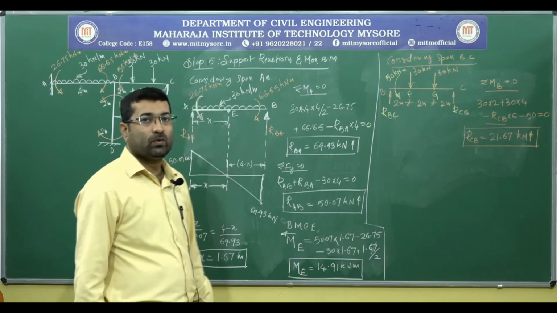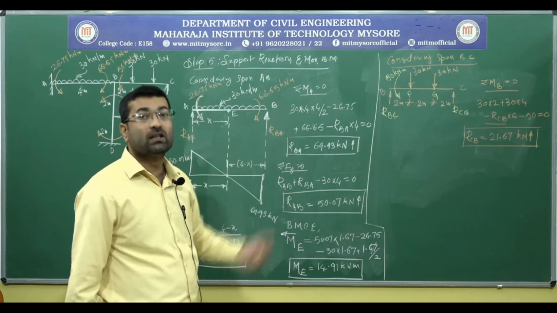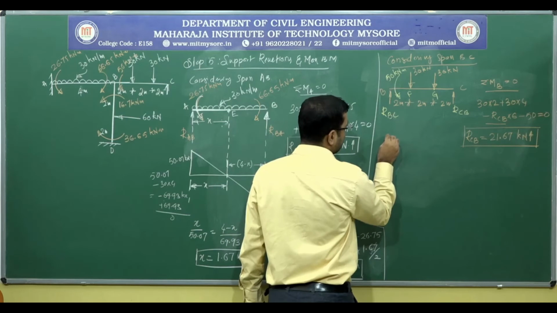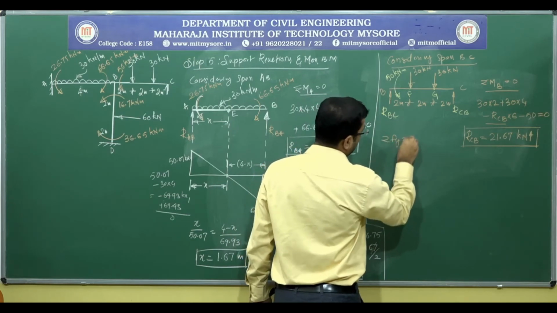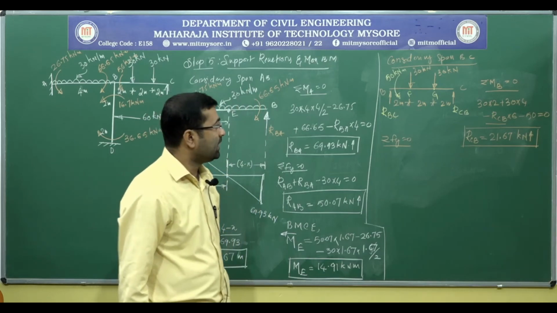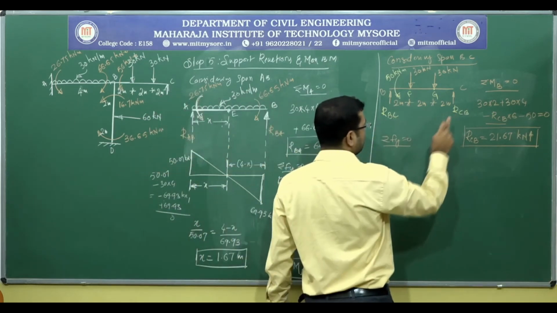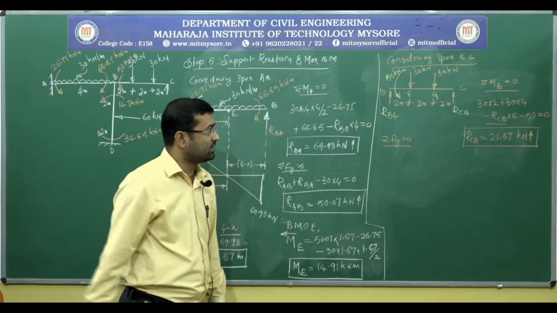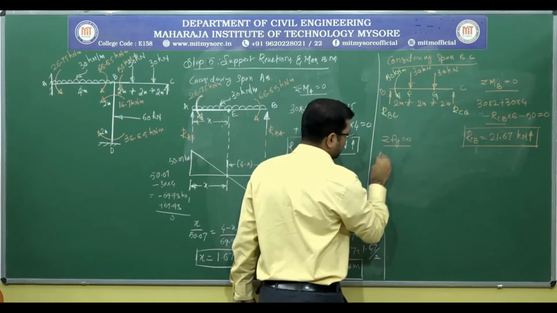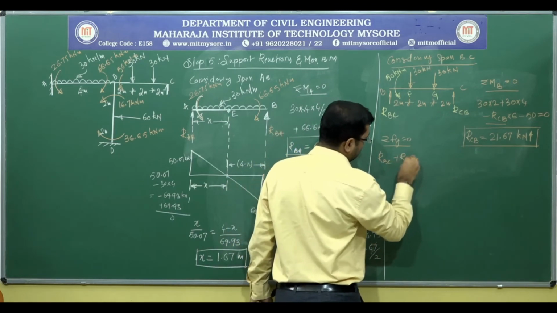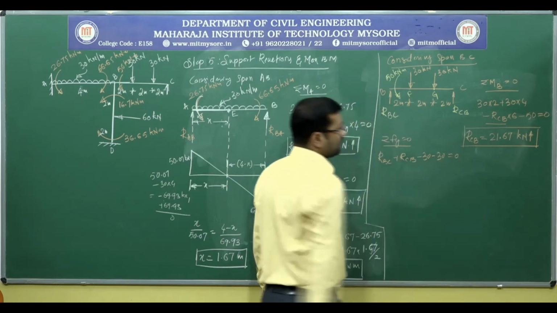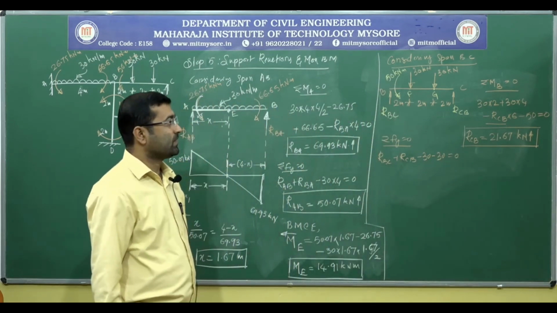Similarly, I need to impose one more condition to determine the another equilibrium condition, that is RBC. So to do that, let me impose the vertical condition. If I impose the vertical condition, then RBC and RCB, these two are acting vertically upwards, and these two 30 kilonewton loads, they are acting vertically downwards. So RBC plus RCB minus 30 minus 30 equals to 0, right?